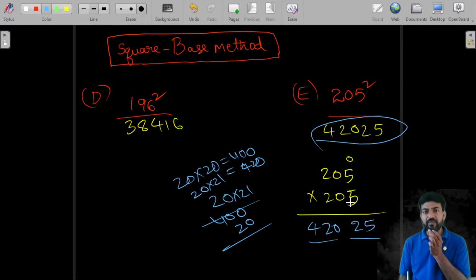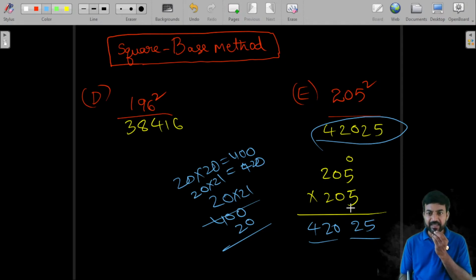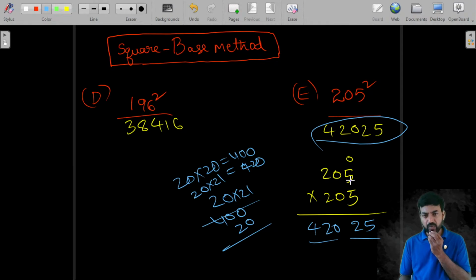Squaring a number when 5 is in the ones place, that means the sum of ones place digits is 10. So you can use that method. You need not use the base method or any other multiplication methods. Very easy, na. 5 5 is 25. 20 into the number after 20, that means 20 into 21, 420, 25.